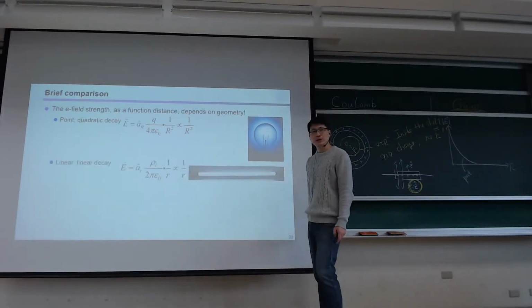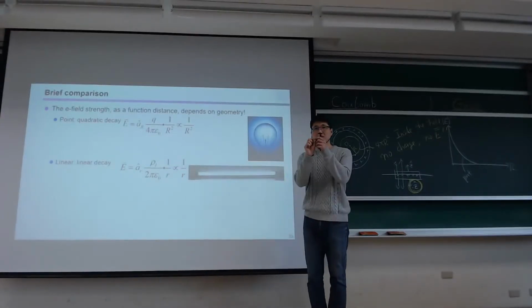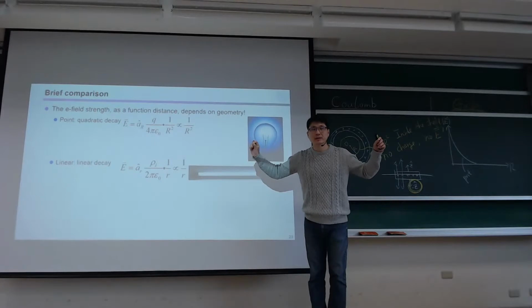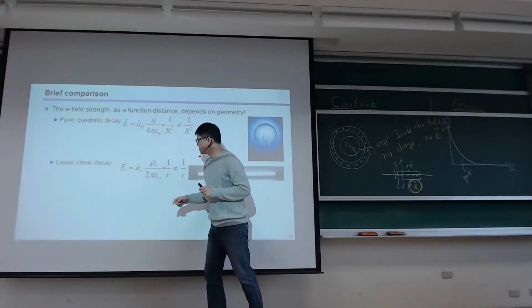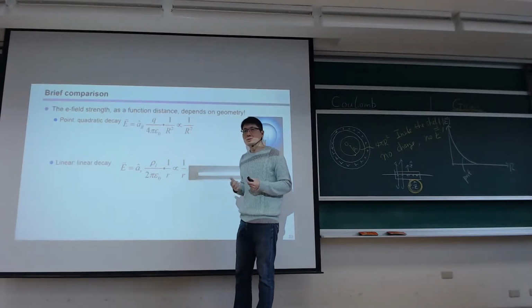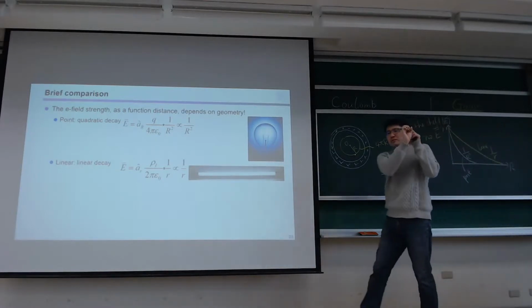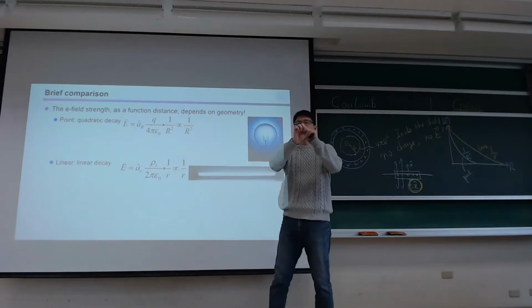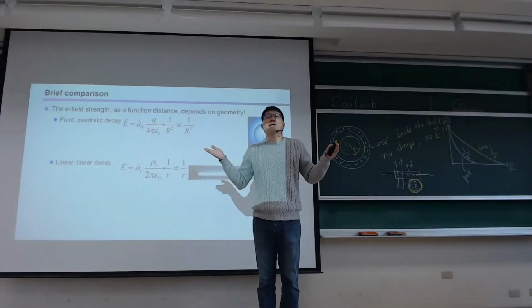And through our derivation, we also analyzed when the charge distribution is made into a line. The result is that the E field intensity is inversely proportional to the distance, 1 over r. So this is a line. Whenever you form the charges into a line distribution, the field does not decay so fast.